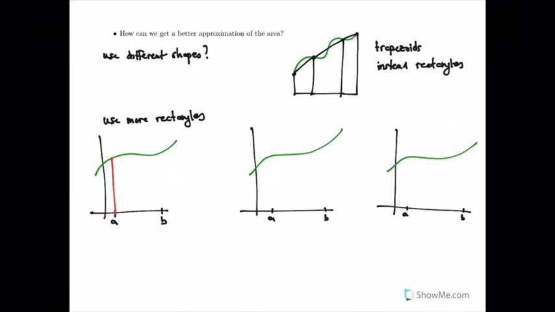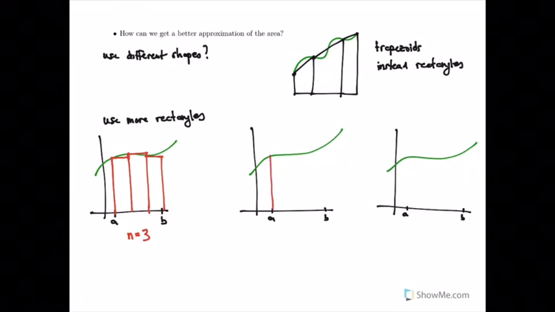So if I had, say, 3 rectangles, and I use, looks like I'm drawing the left endpoint rule, so it'd be n equals 3. That might be a pretty good approximation, but there's still some gaps in between the rectangles and the function.